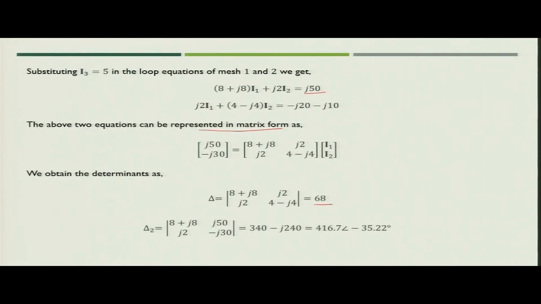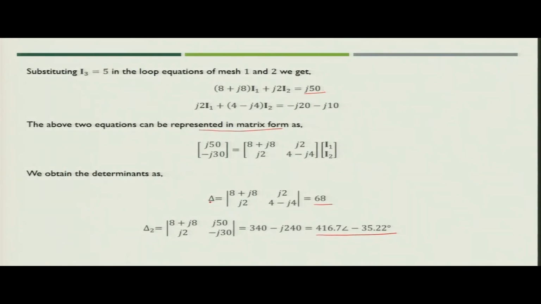For that, we will just replace this column with this column. So, we get the determinant delta 2 as 8 plus j8, j50, j2 and minus j30, and when we find the value of the determinant, we get the value as 416.7 angle minus 35.22 degree.